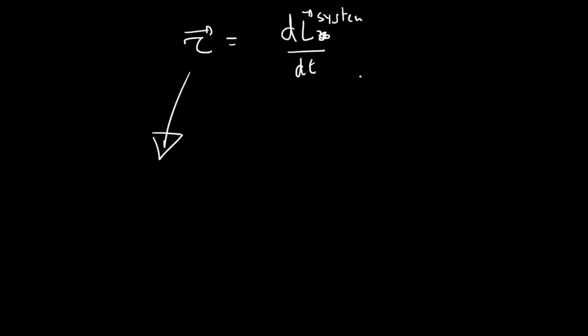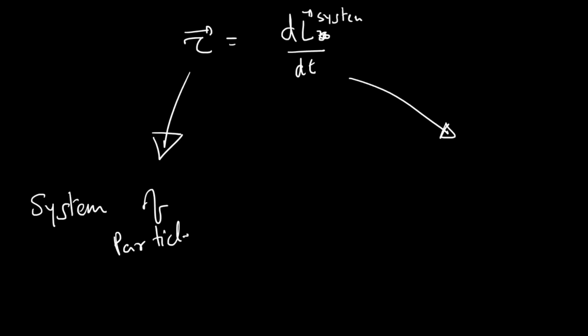Now I would like to tell you that we're going to exploit this equation, dL by dt system. But while we are exploiting this equation, I just want to highlight one thing. There are two different trends here. One, for a system of particles, which can be anything, there is no limitation to the system of particles.